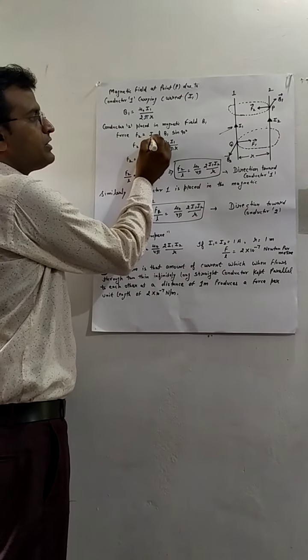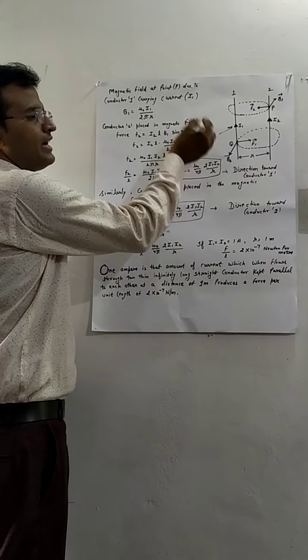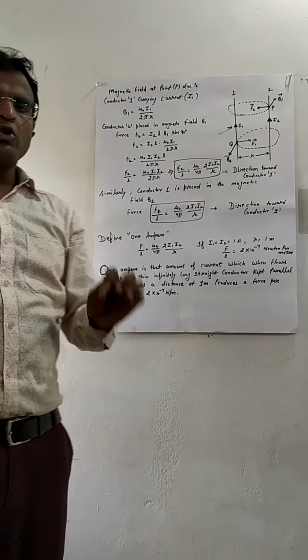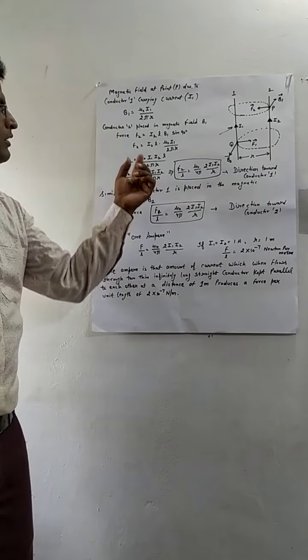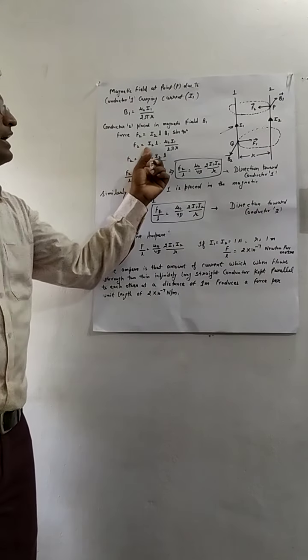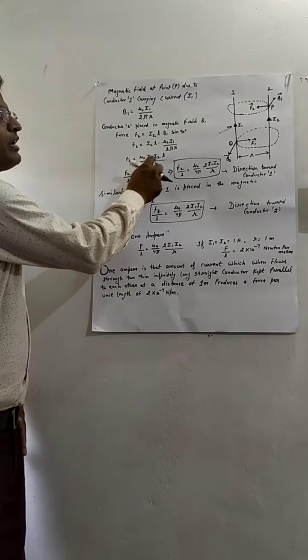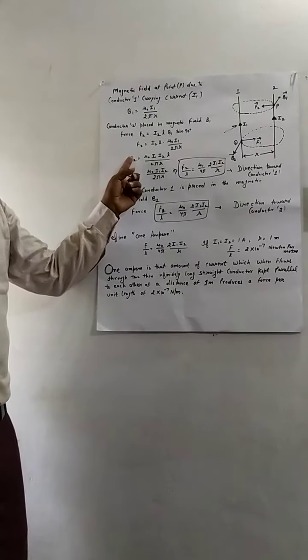The formula is F2 equals I2 L B1 sin 90. Sin 90 equals 1 and B1 is replaced by mu naught I1 by 2 pi r. So F2 equals mu naught I1 I2 L by 2 pi r.